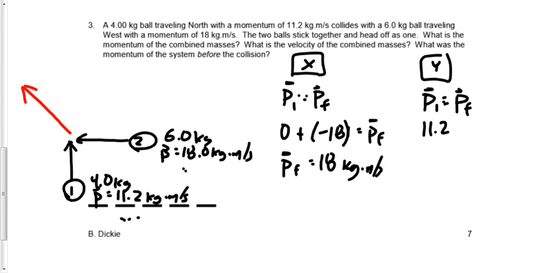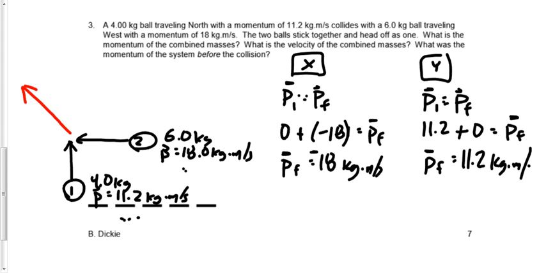Because mass 1 times V1, whatever that is, equals 11.2 on the y-axis, plus 0, because the second one's only on the x-axis, equals PF. Sorry, this should be negative 18, shouldn't it? PF here for the y component is going to be equal to positive 11.2 kilograms meters per second.